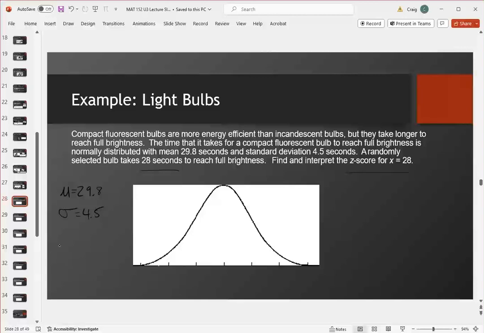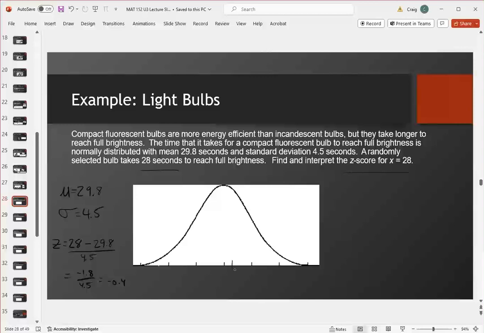Well, in this case, z equals 28 minus 29.8 divided by 4.5. And that's going to give us a z-score of negative 1.8 divided by 4.5, which is negative 0.4.